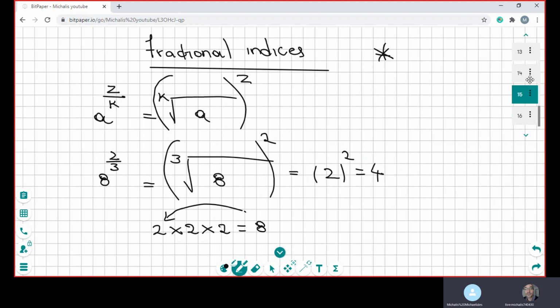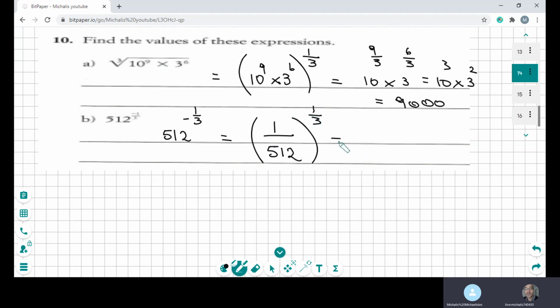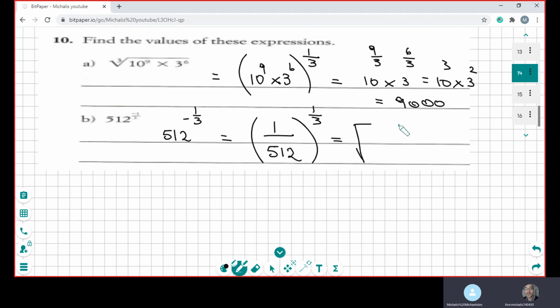So in this case, because you have a negative power, you can write this as 1 over 512. This is the reciprocal of the number, and I need to raise this to a positive power of 1 over 3. Because 1 over 3 is a cubic root, I can make this under a cubic root of 1 over 512.